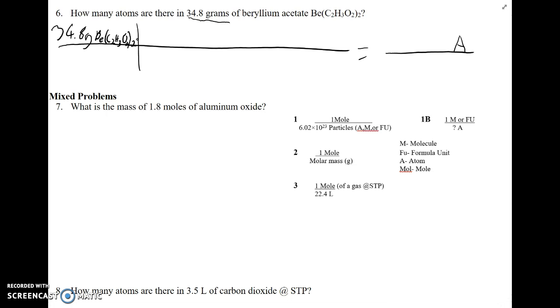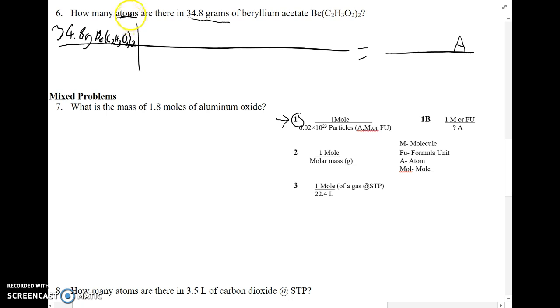For that, I'm going to look for certain key terms that exist in my problem. Here, my question asks me for atoms. As I know, atoms is a particle. That tells me, looking over here at my reference sheet, that I'm going to need conversion factor number 1, the moles to particles conversion factor. Just like we did back in EQ number 3, anytime I use the number 1 conversion factor, I want to ask myself, do I need the 1B conversion factor?